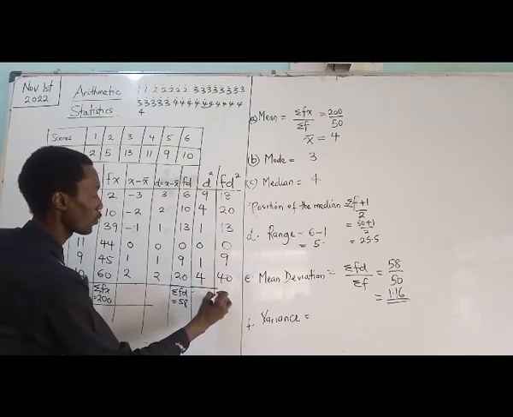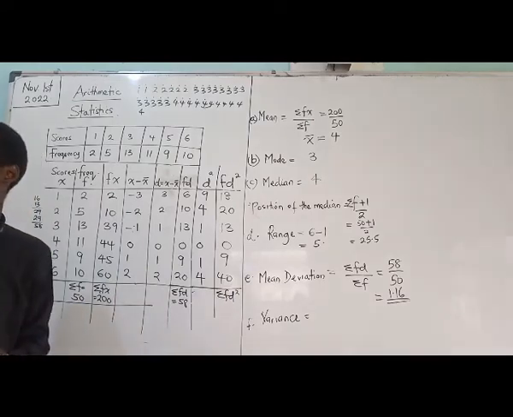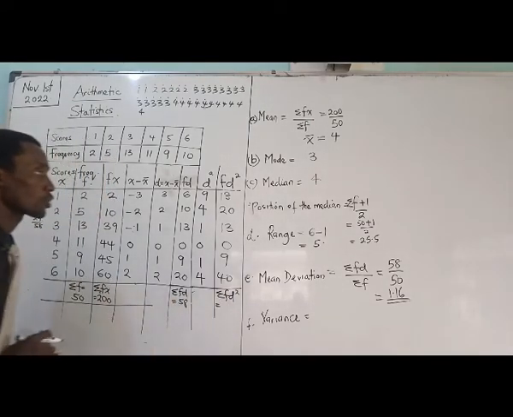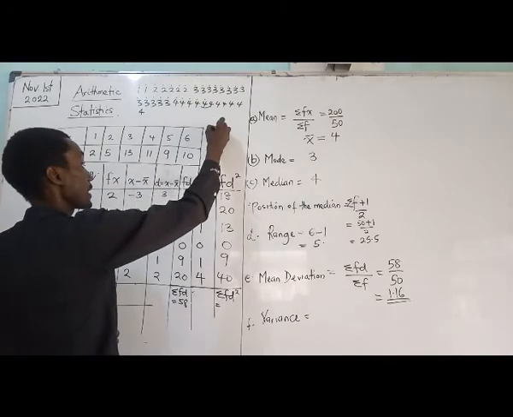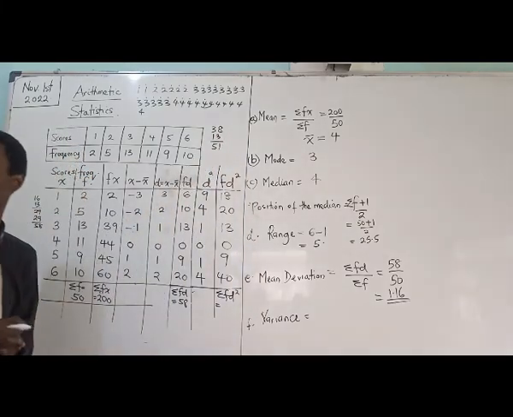40. So we'll now get what's called summation FD squared. So let's add that. What do you get? 36 plus 13, 38 rather, plus 13 will give you 51.